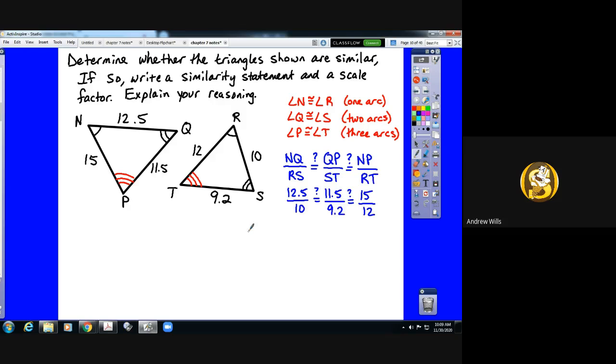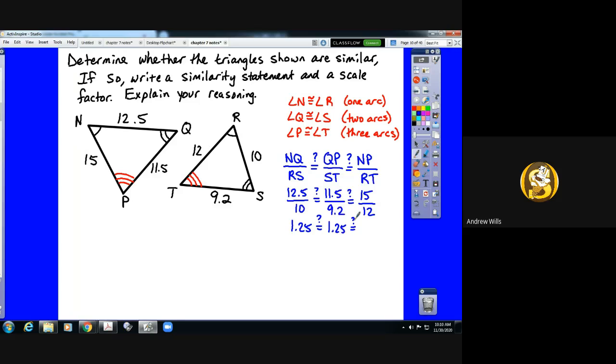Now we have to check and make sure that these 3 ratios are equal, that they're the same. That is as simple as dividing. Put them in the calculator. Okay? When we divide 12.5 by 10, we get 1.25. When we divide 11.5 by 9.2, we get 1.25.